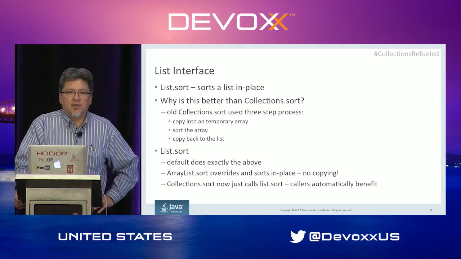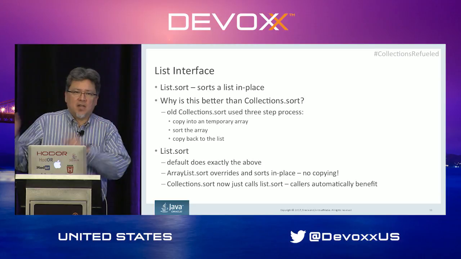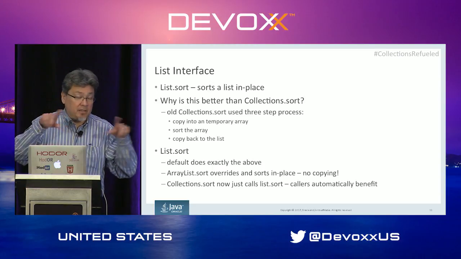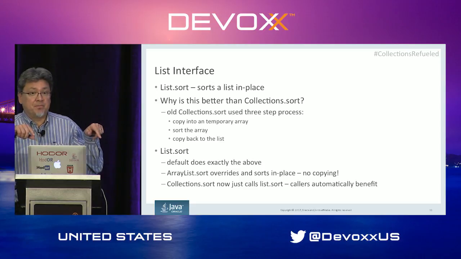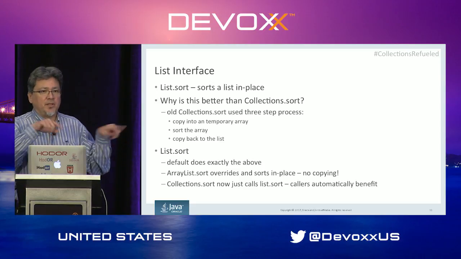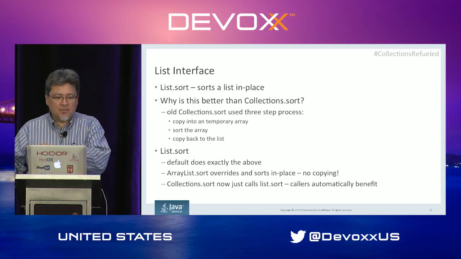And so the most generic way to do that is to copy the list elements out into an array, a temporary array allocated just for the purpose of sorting, sort the array in place, and then copy all those elements back.